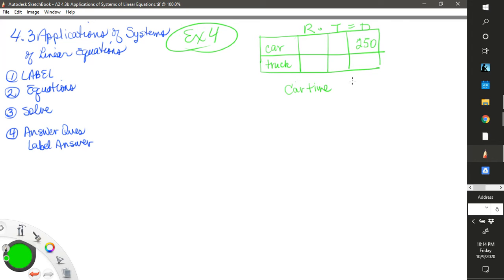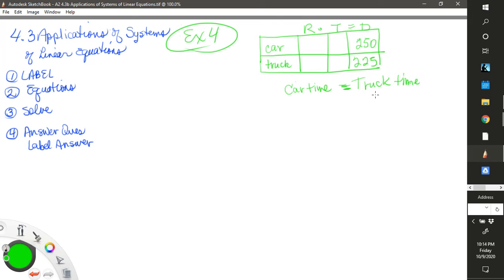In the same time, a truck travels 225 miles. So car time equals truck time. How do I know that? I saw the word same. And I'm going to mark that down because I don't want to forget that. Car time is the same as the truck time. That's going to help me when it comes to equation time.